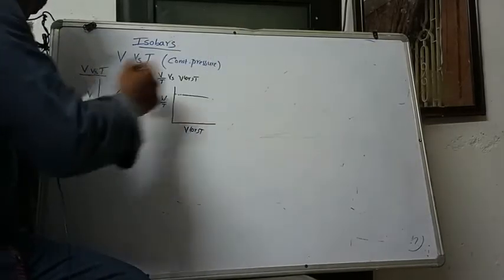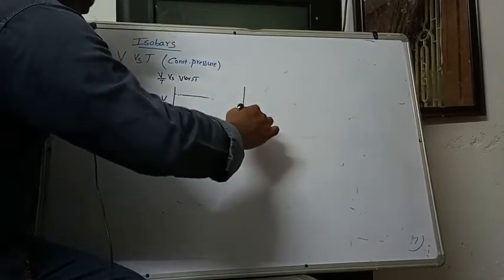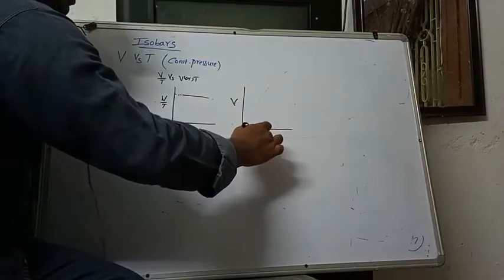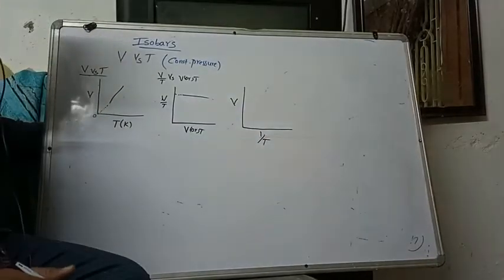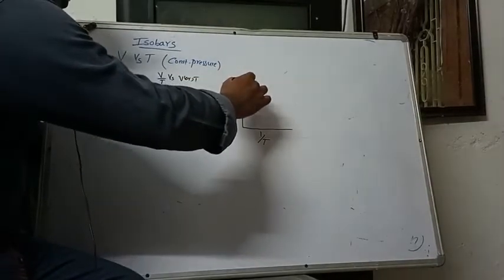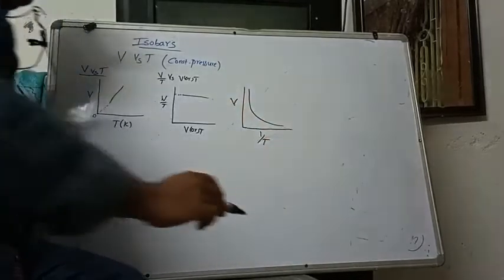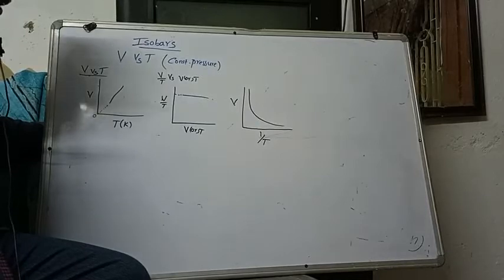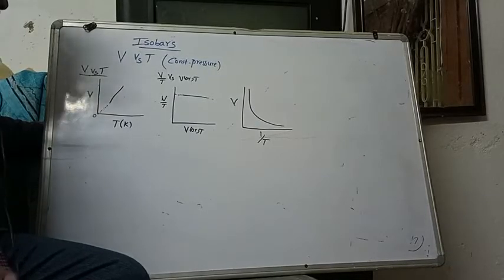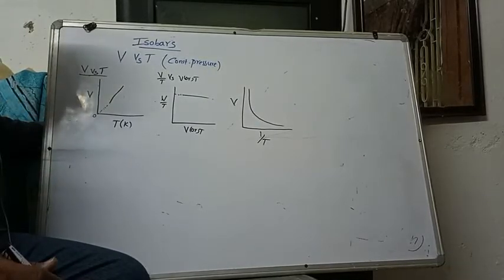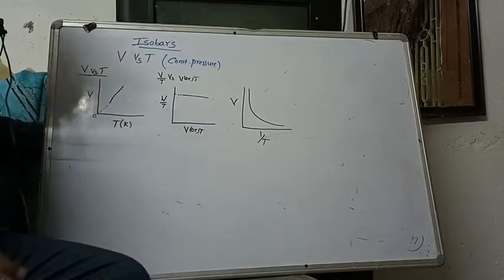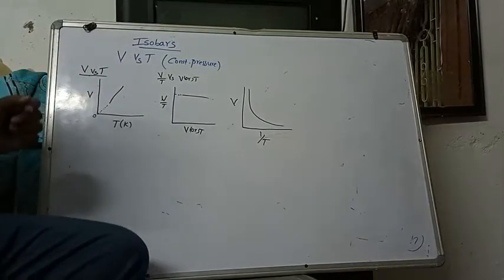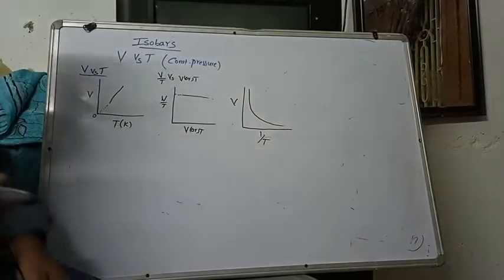Similarly, if you draw the graph between volume versus 1 by T, what happens? We are getting hyperbola graphs. So questions come in various forms on this topic. What type of questions do we get in the exam? Let us see.